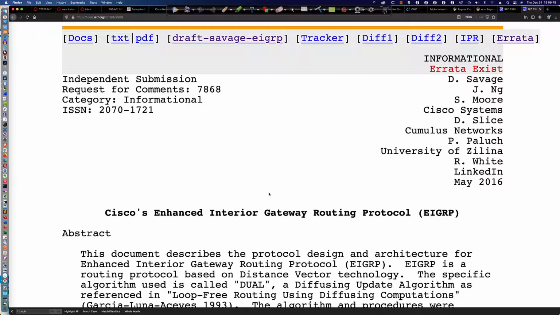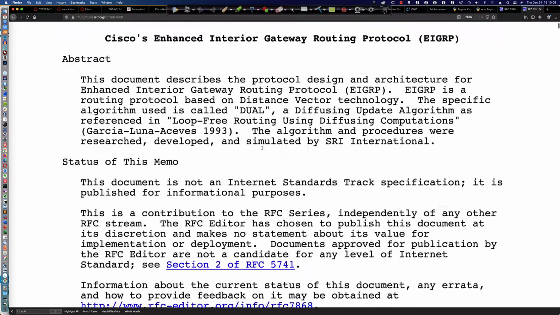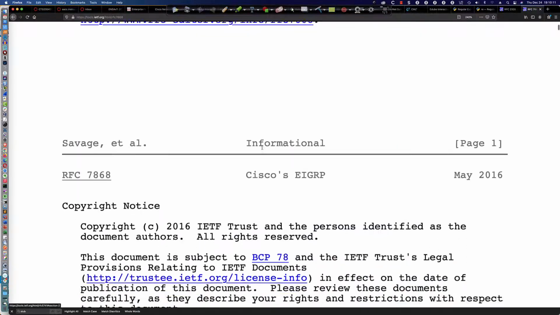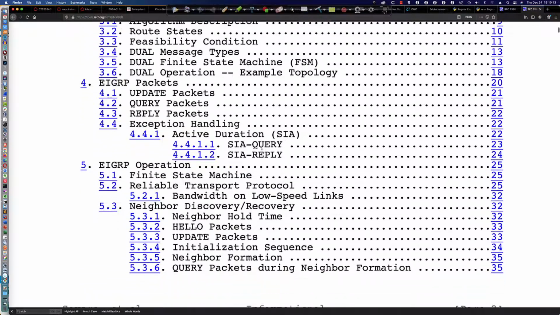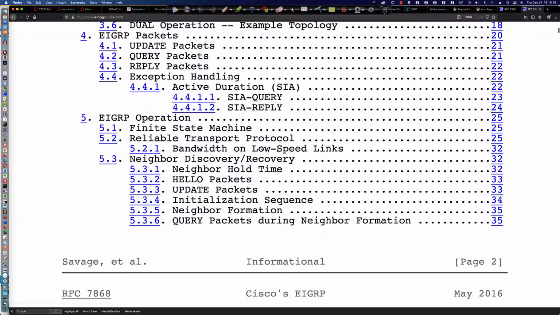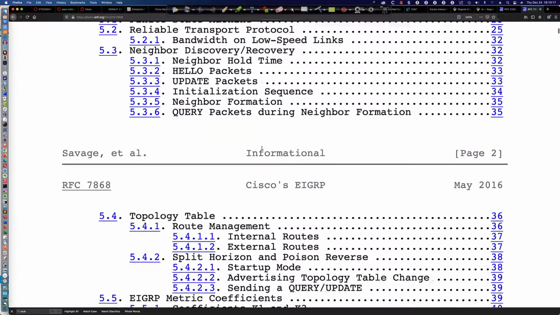But they took EIGRP and submitted it, and they were basically told, thanks, but no thanks. We already have a distance vector routing protocol, and that's RIP. So Cisco, you can take EIGRP and go back to San Jose. And it was at that point where Cisco said, oh, okay, fine. Then we're not going to play with you guys, and we're not going to give out any of the information. For the longest time, this information has been sort of unknown, right?